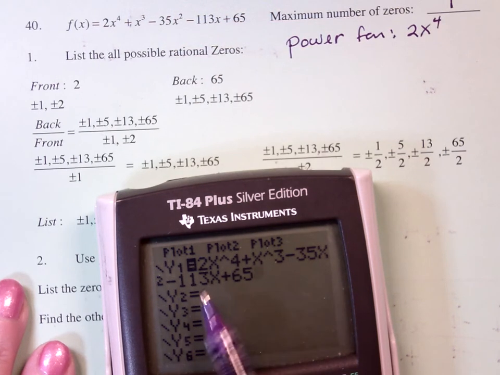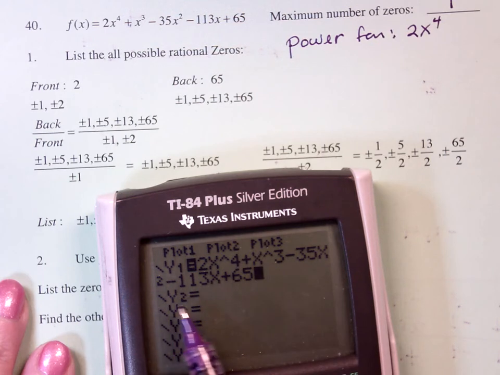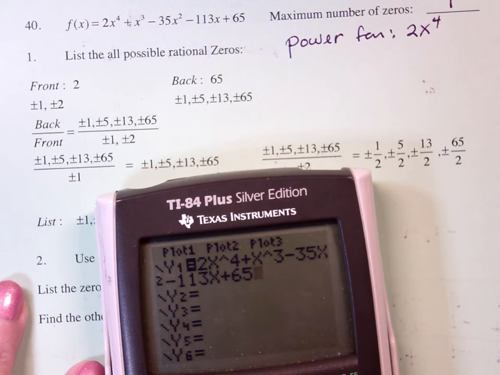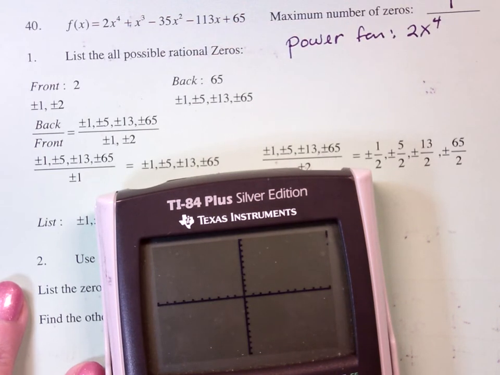Check to make sure I've typed it in correctly, because that's one of the errors that I make. And I'm in between minus 10 and 10, so we're going to hope for the best. If we get 2, that means we get it down to a quadratic, which we could use the quadratic formula on. So let's graph this sucker and see how many show up for the party.